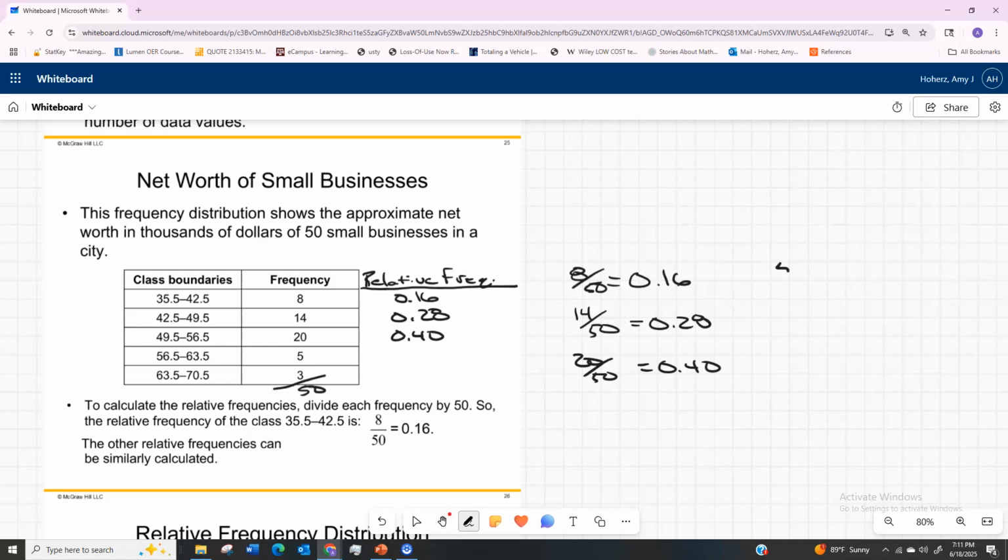And then 5 out of 50 is going to get you 0.10. And 3 out of 50 is going to get you 0.06. And so that's your relative frequencies for each of these classes. Each class has a frequency and a relative frequency where we compare that frequency to the total. How much out of the total is it?